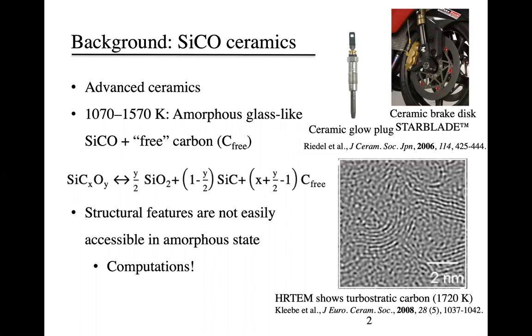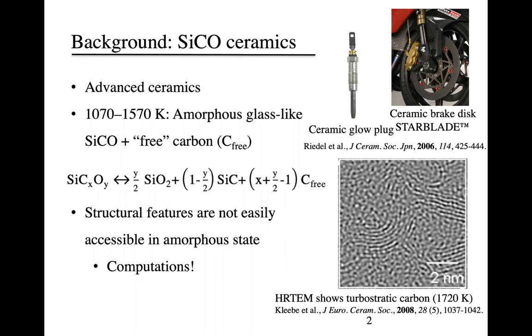For a brief background, silicon oxycarbide ceramics are a subset of polymer-derived ceramics, which are advanced ceramics that exhibit many desirable properties, and they've already been commercialized in a number of different ways. In the final step of the polymer to ceramic conversion process, if pyrolysis temperatures between 1100 and 1600 Kelvin are used, along with an excess of carbon, then the resulting ceramic is best described as a mixture of amorphous glass-like SiCO plus a free carbon phase.